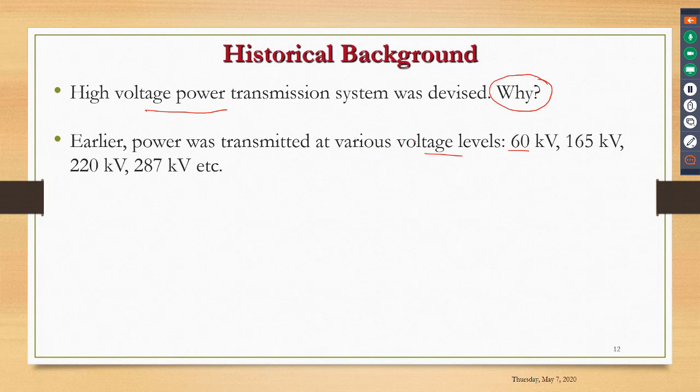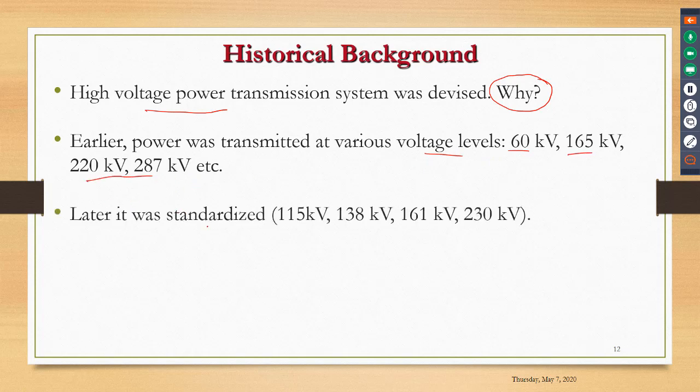So earlier power was transmitted at various voltage levels: 60 kV, 165 kV, 220 kV, 287 kV. And later it was standardized to 115 kV, 138 kV, 161, 230 kV. It is in fact in the USA, it is not in India, right?